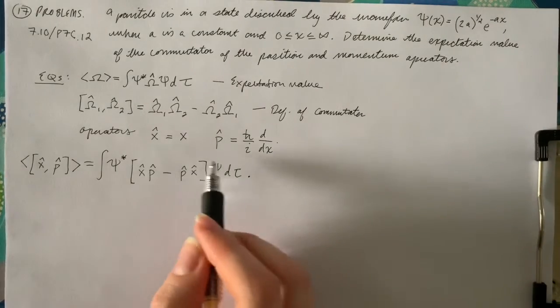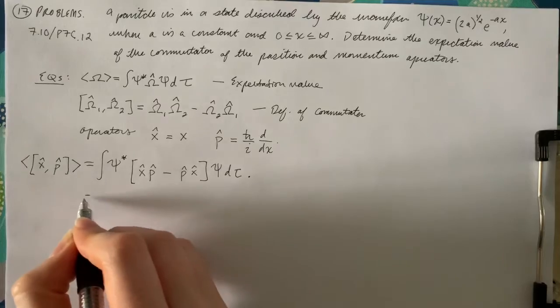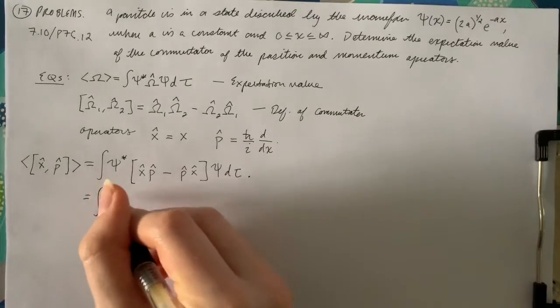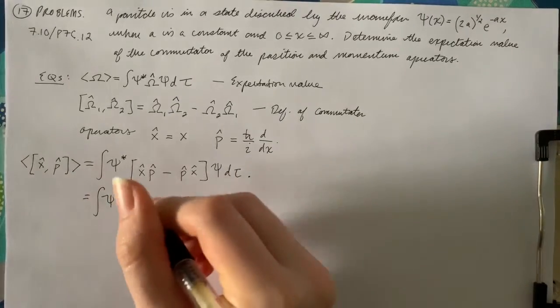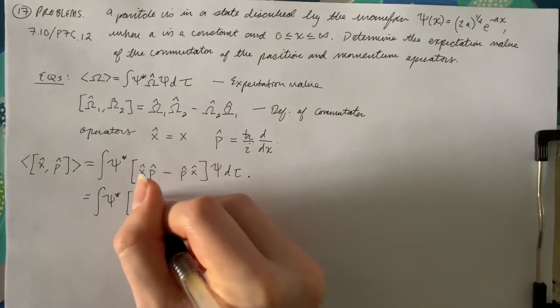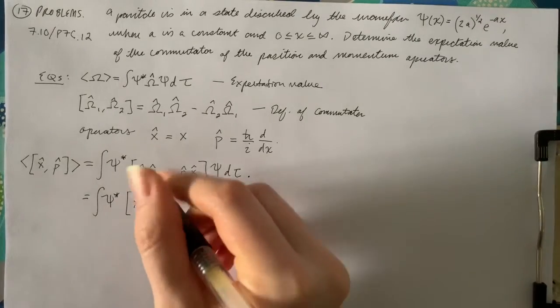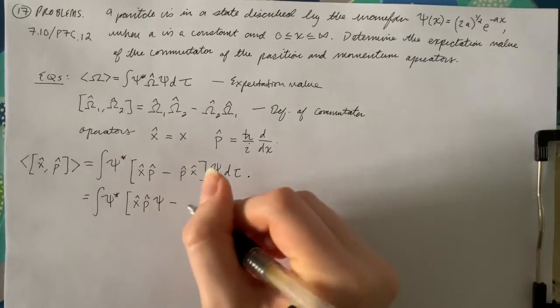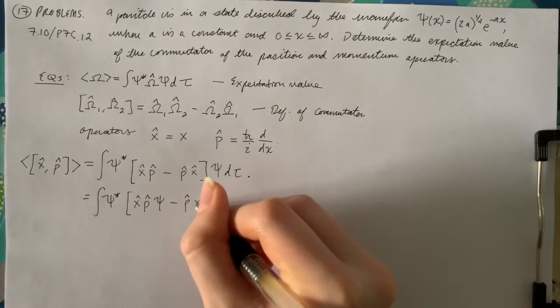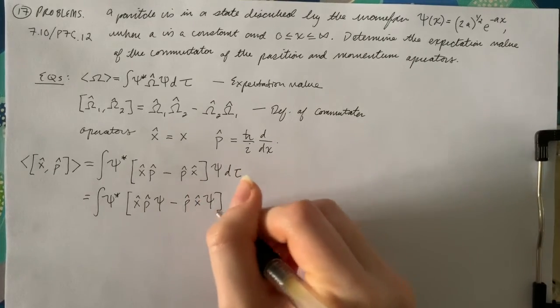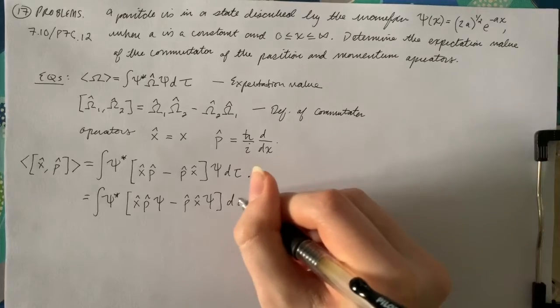And this distributes into the psi, so we can write this as psi star times position momentum psi minus momentum position psi, d tau.